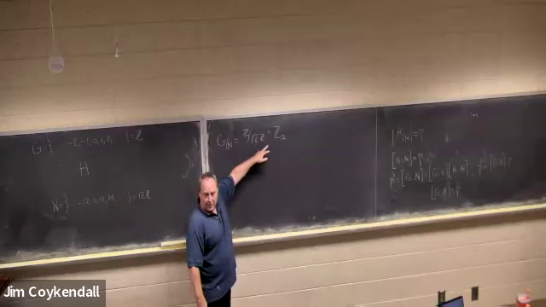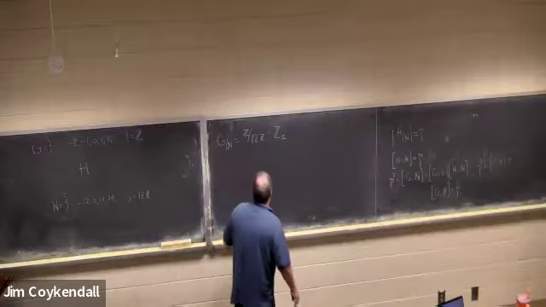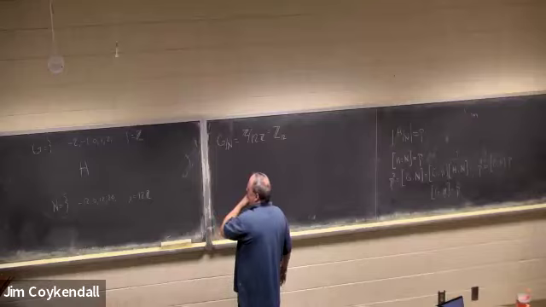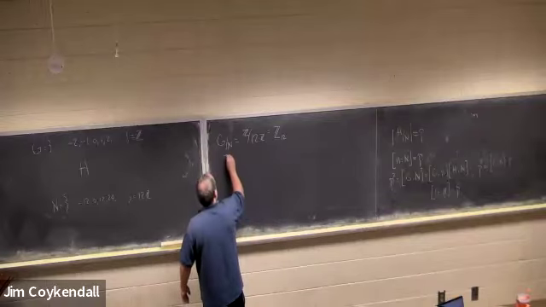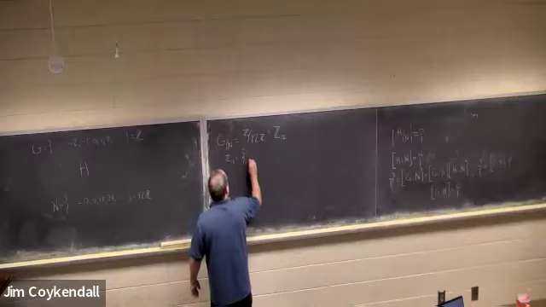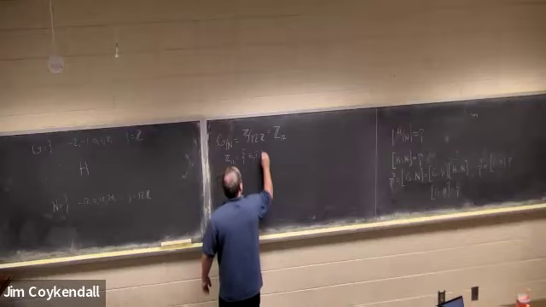Now, let me list the subgroups. The biggest one, let's look at this. 0 bar, 1 bar, 2 bar.